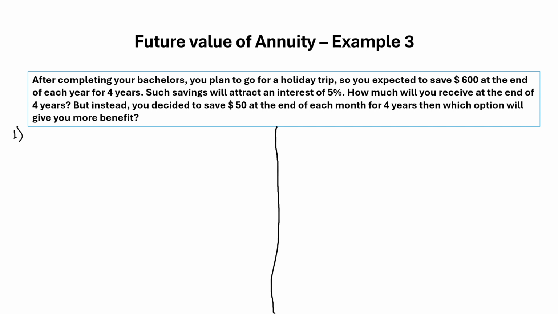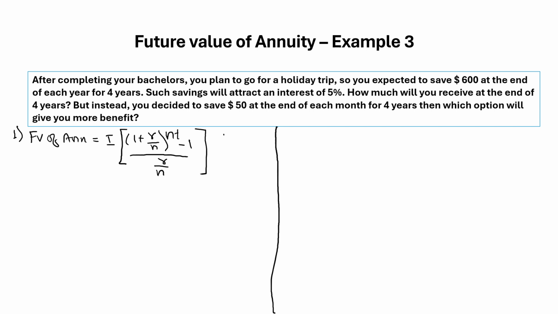Write the formula. Future value of annuity is equal to I, open the bracket, 1 plus R by N, bracket close, power NT minus 1, bracket close, this divided by R by N. Now we will write the values.